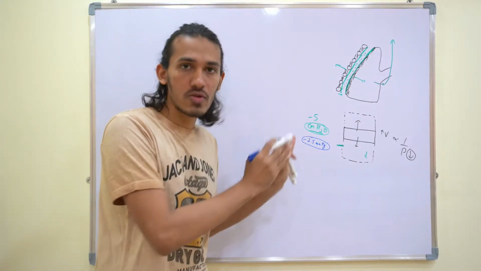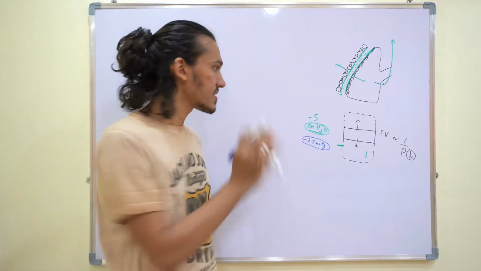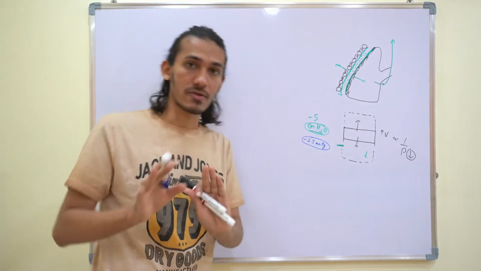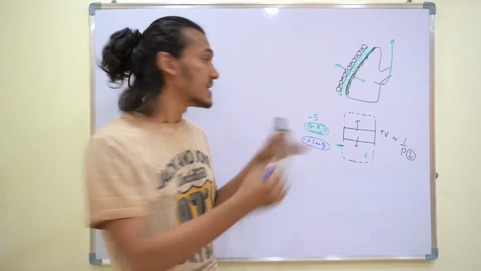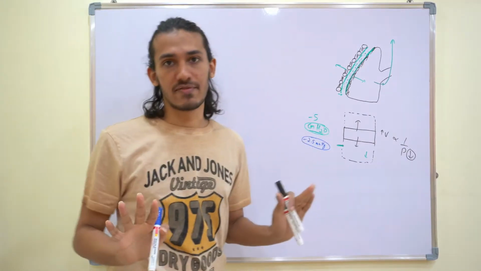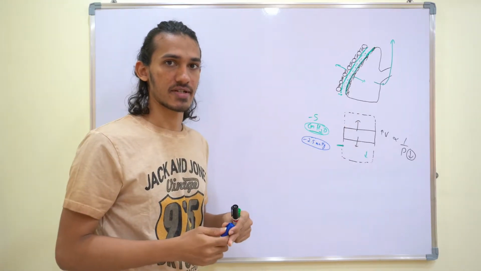Just know this: if you see -2.5 millimeter of mercury, that is right. If you see -3.8 millimeter of mercury, that is also right, if you do the actual conversion. If it's in centimeter of water, it is -5. Alright, so this is the resting stage.